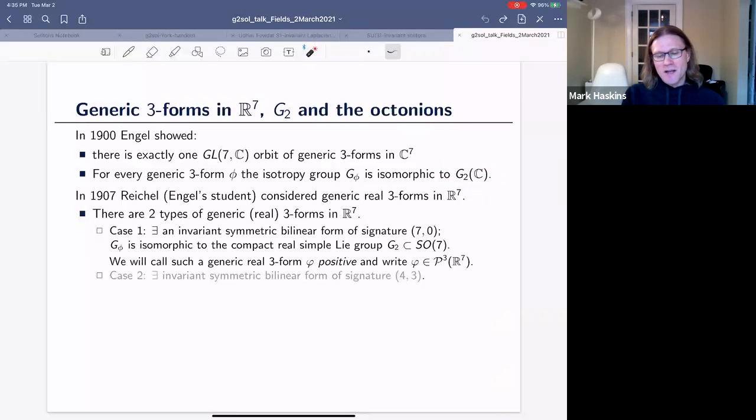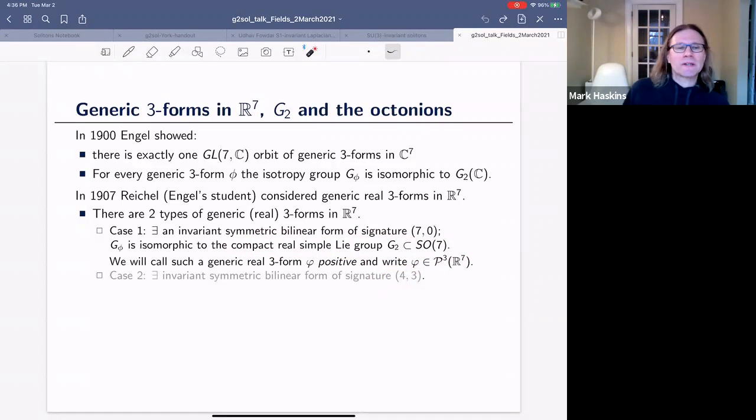In that case, it leaves invariant a positive definite symmetric bilinear form. The stabilizer of a form in that orbit is isomorphic to this compact simple Lie group, whereas the other real form is compatible with a non-degenerate bilinear form, but of signature 4-3.